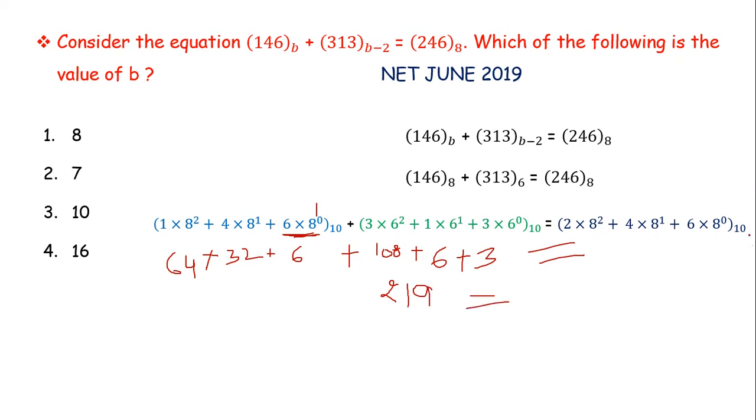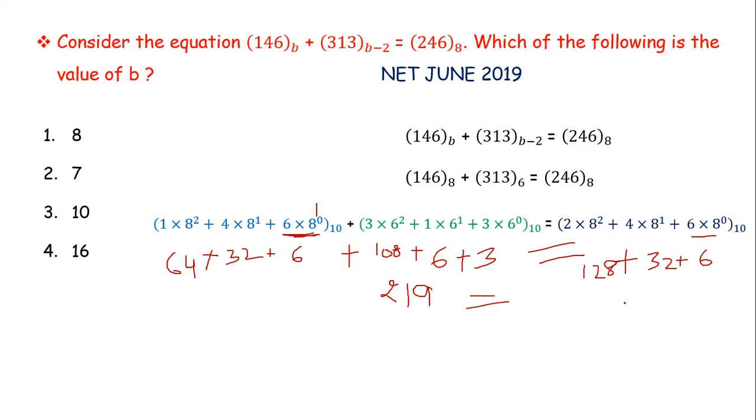Now on the right hand side we have 8 raised to the power 0 into 6, that is 6 into 1, 6, plus 8 into 4, 32, plus 8 square into 2, that will be 128.